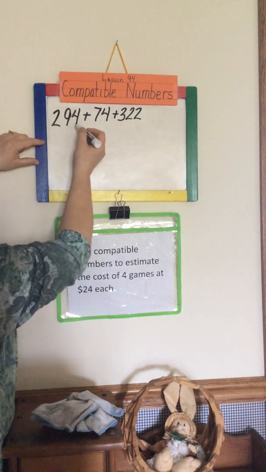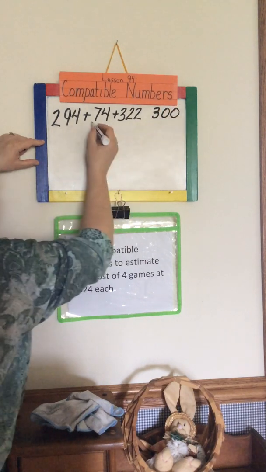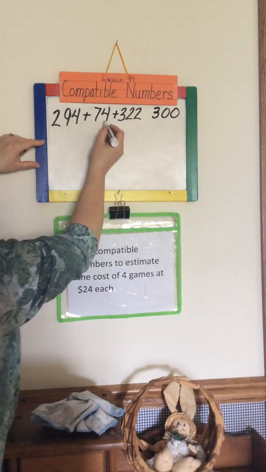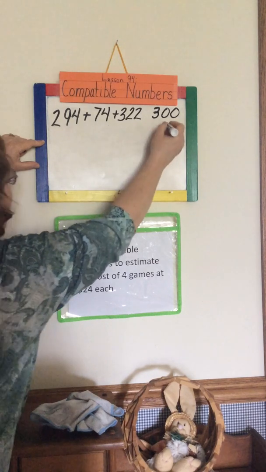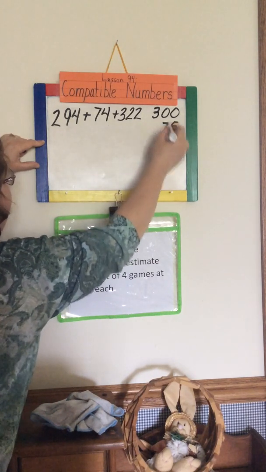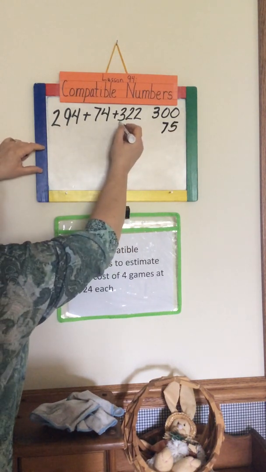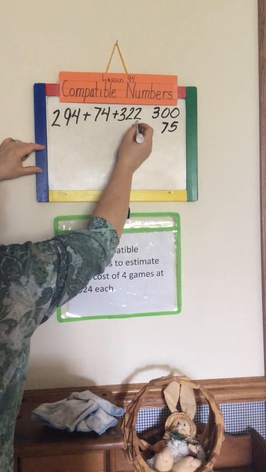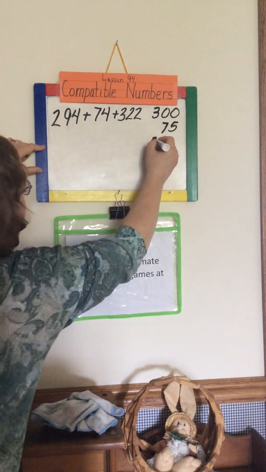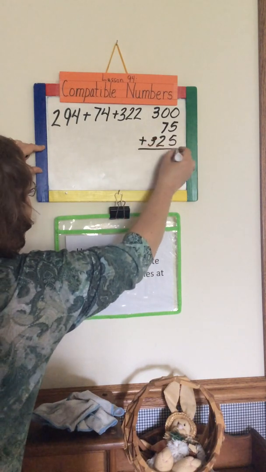And since it's in the 90s already, we're going to go to 300 for that one. 74, well, obviously it's only one away from 75. Remember to line them up in the correct position with their ones, tens, and hundreds. And then 322, well, 22, it's already in the 20s, so we're going to go 325, and we're going to add those together.